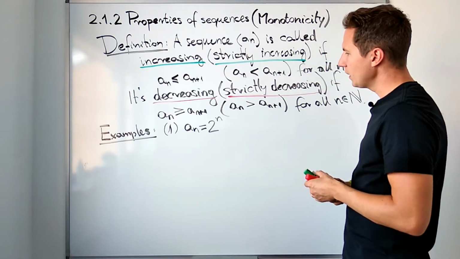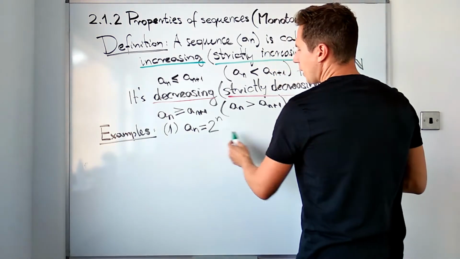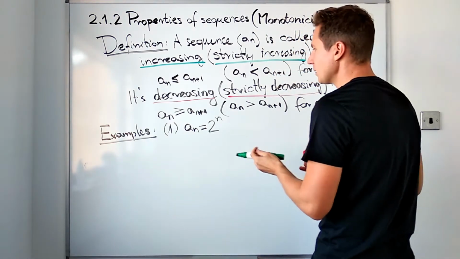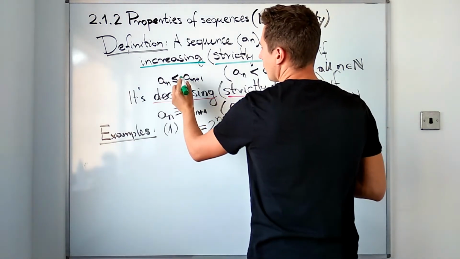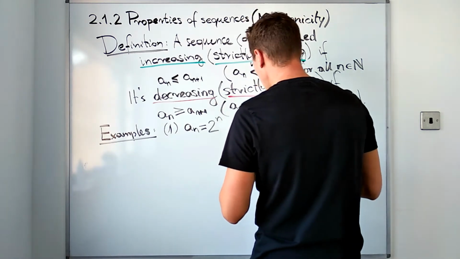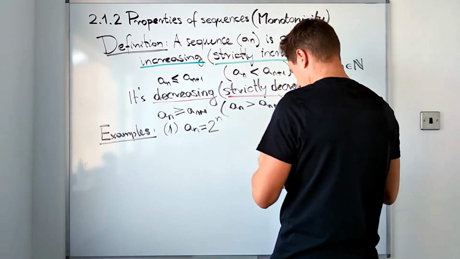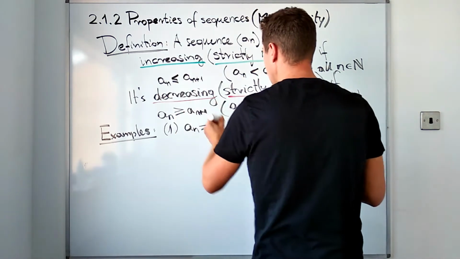Okay, I hope you stopped it. So the point is that this sequence of the powers of 2 is increasing because each term is greater than or equal to the previous one. Let me write this in a way that reflects the definition.